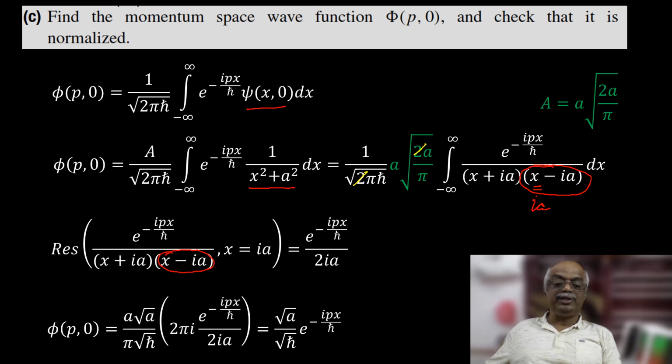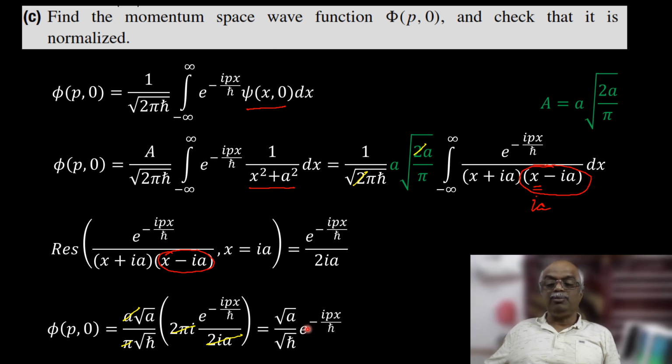Now here you can cancel 2 pi ia. See, 2ia, of course with pi, 2 pi i will get cancelled. Here you have a, which will also get cancelled. So ultimately you will get the square root of a divided by square root of h cross and this exponential term.